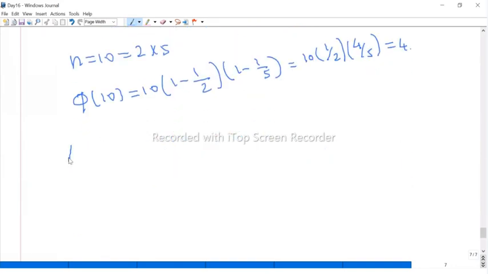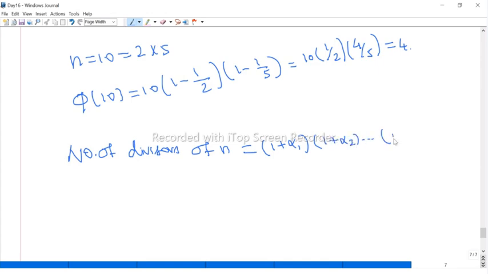Now, what is the number of divisors? How many divisors are there for n? The number of divisors of n is found by writing the product of prime powers, and then you add 1 to all the powers: 1 plus alpha 1, into 1 plus alpha 2, into etc., 1 plus alpha r.